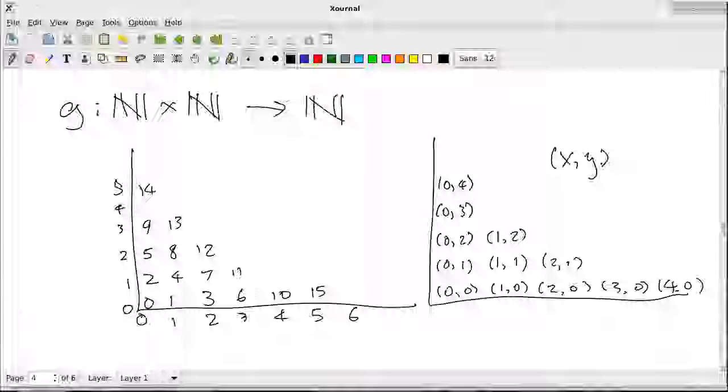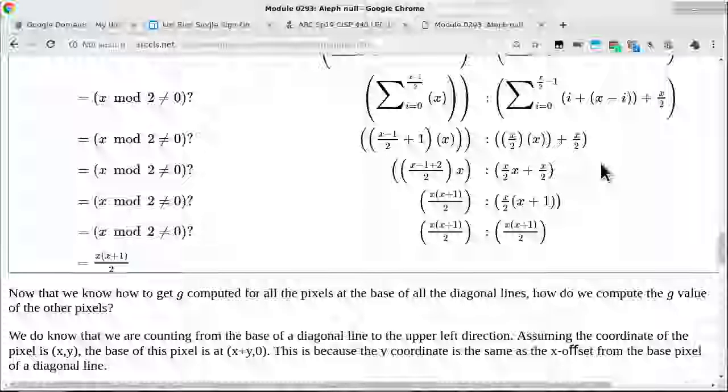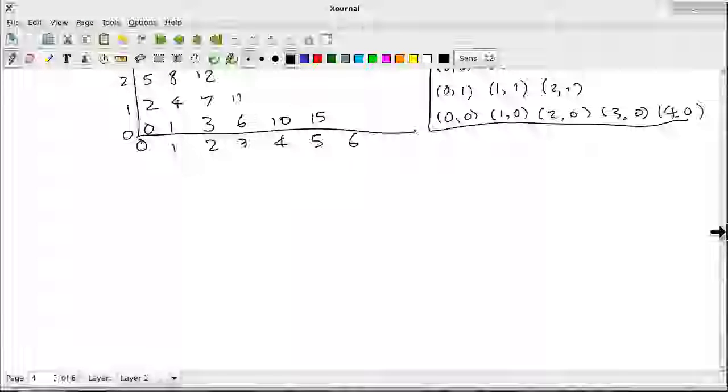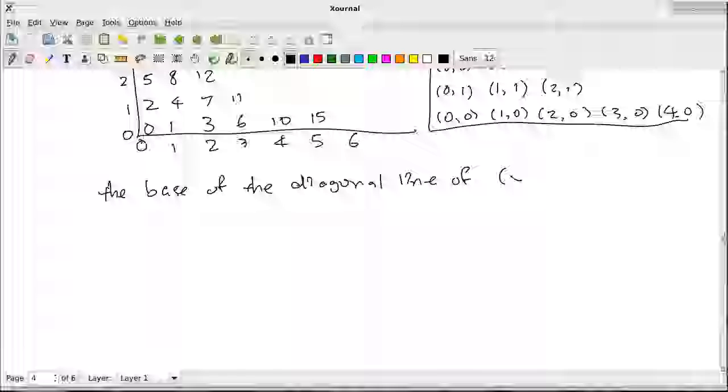We got that x times (x plus 1), the whole thing divided by 2, right? So now we can extend that particular reasoning, and then we can say the base of the diagonal line of xy is at (x plus y, 0).